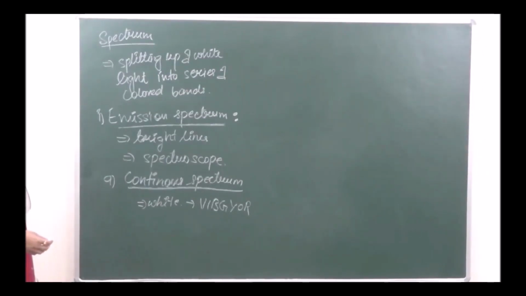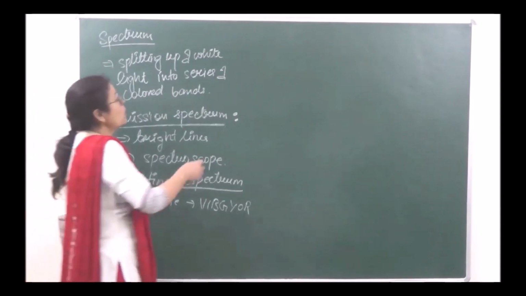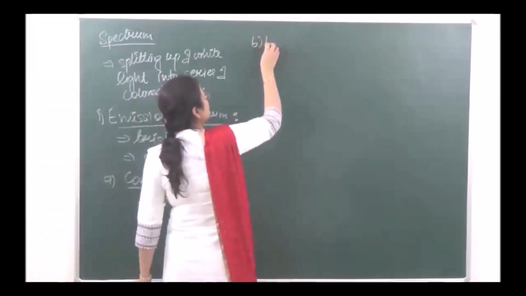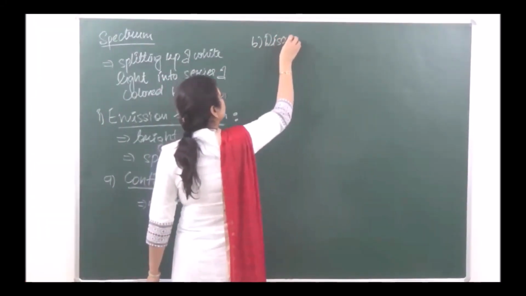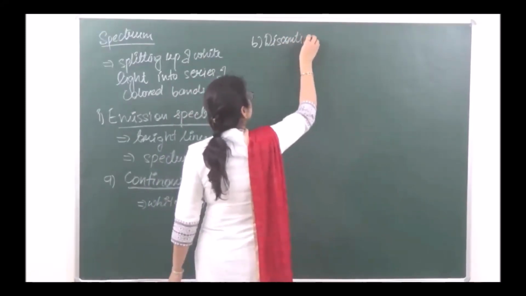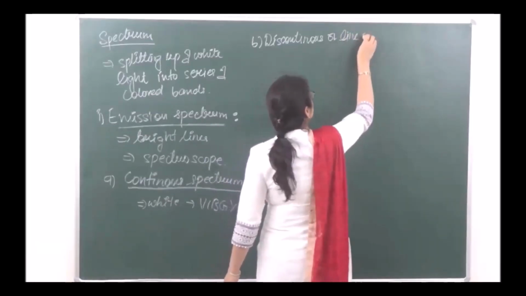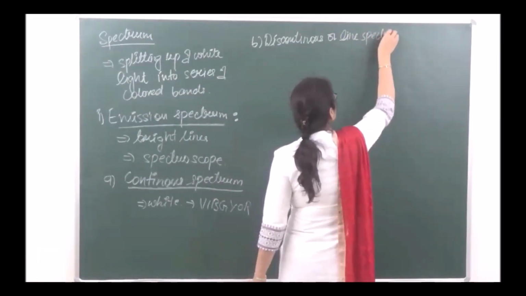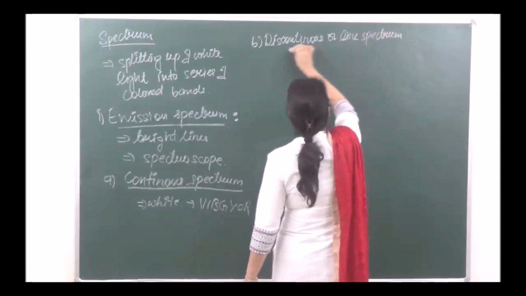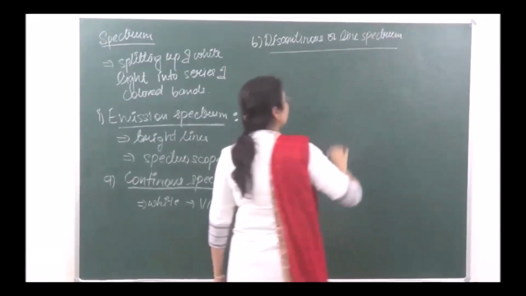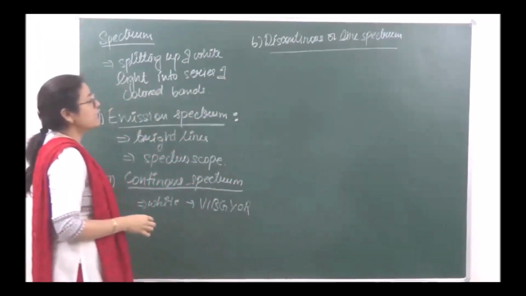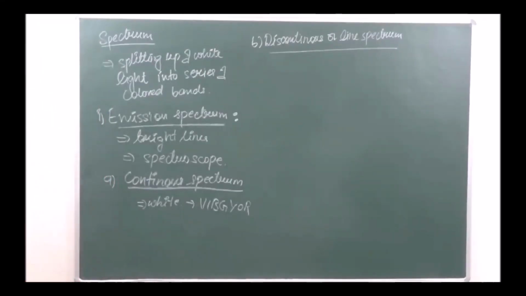The second type of spectrum which we have is known as a discontinuous or line spectrum.